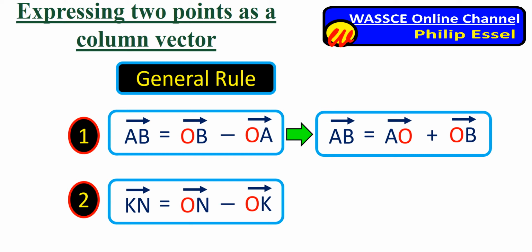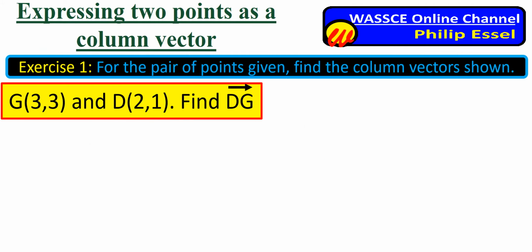Now let's use what we have just learned to solve some examples. Exercise 1. The question is saying that for the pair of points given, find the column vectors shown. So in this exercise, we have the point G, which is equal to (3, 3), and the point D equal to (2, 1).